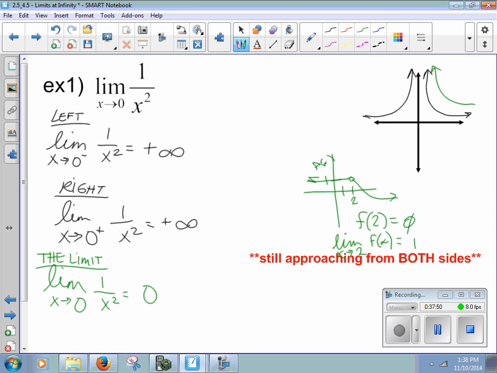If it's getting annoyingly close, there's a limit. What's occurring? There's an asymptote. What kind, vertical or horizontal? Vertical. That means there's a vertical asymptote, a VA, at x equals 0, the y-axis. It just means there is an asymptote there.